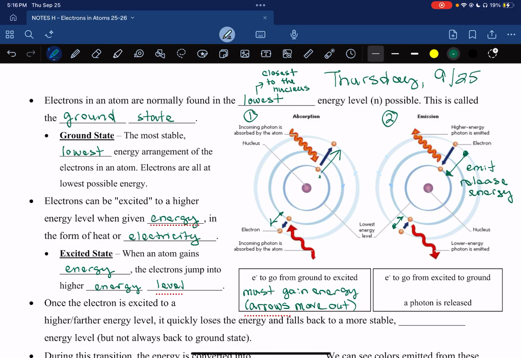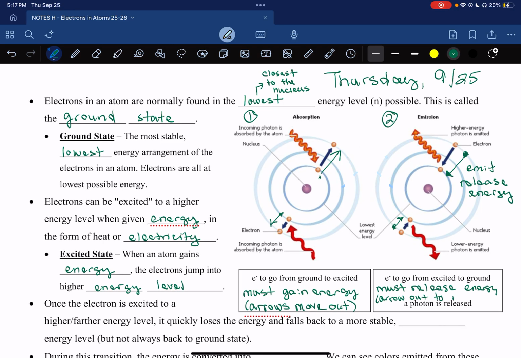For an electron to go from an excited state to a ground state, it must release energy, and that is when the arrow is moving from out to in. And a photon is released.